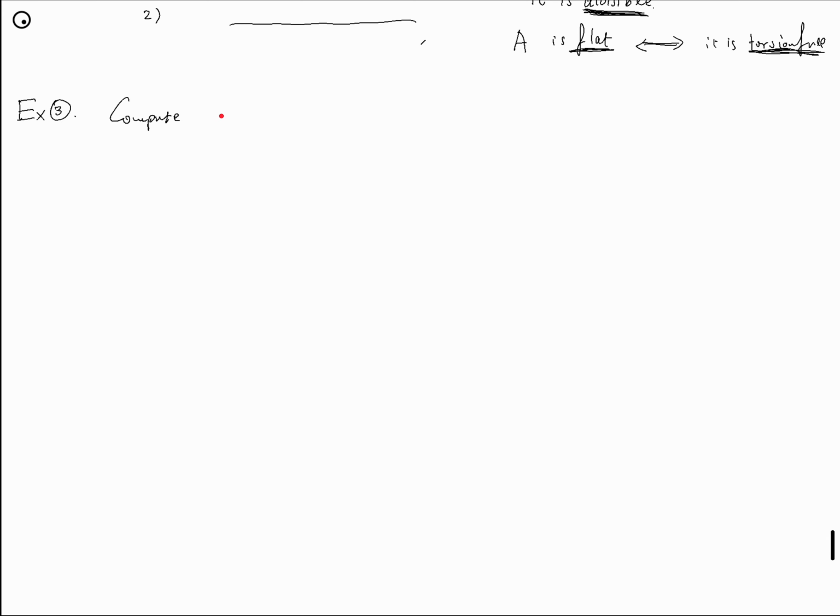Okay, so compute Ext^0 for the quotient P, compute Ext^1 of Z/p, B for any abelian group B. So we do the computation.